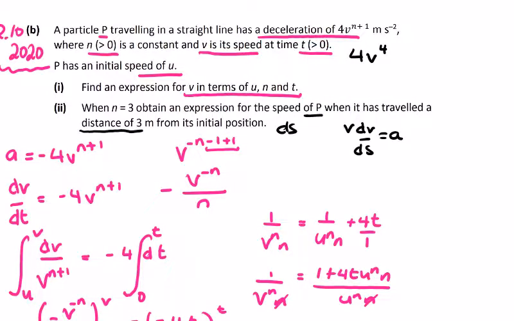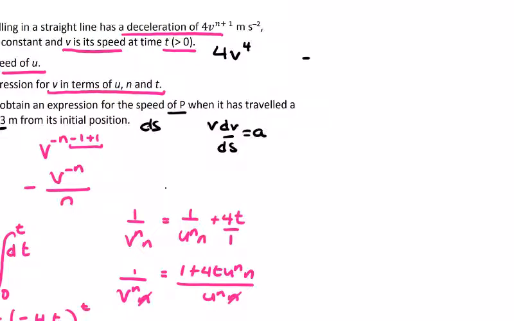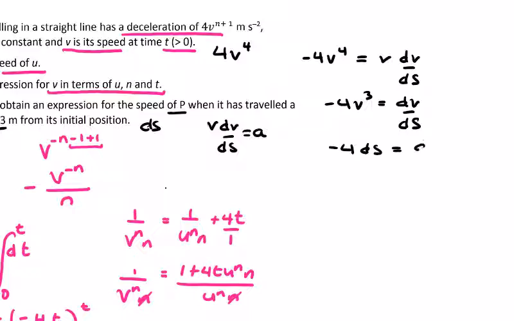So v dv/ds will be equal to minus 4v to the power of 4. Dividing across by v, we get minus 4v cubed is equal to dv/ds. You can do all this in one step: minus 4 ds is equal to dv over v cubed.